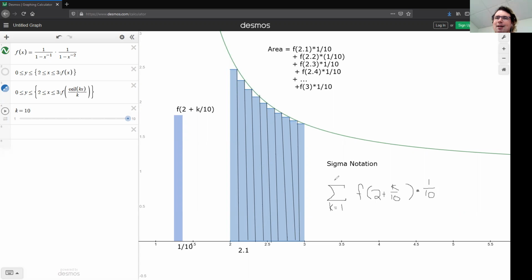And then at the top, I will tell you where to stop adding things up together. k equals 1 gives me the area for my number 1 rectangle here. k equals 2 gives me the area for my number 2 rectangle here. k equals 3 gives me the area for the number 3 rectangle, and so on. I stop at rectangle number 10.